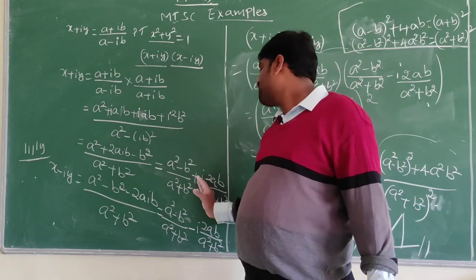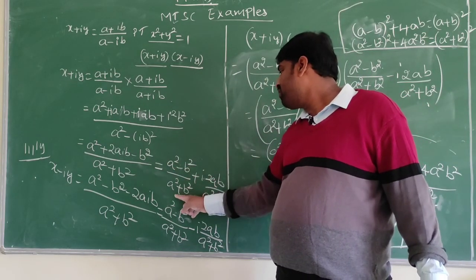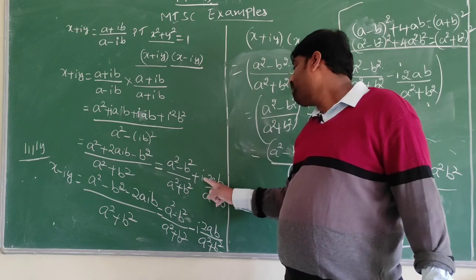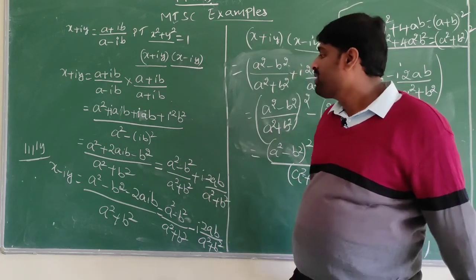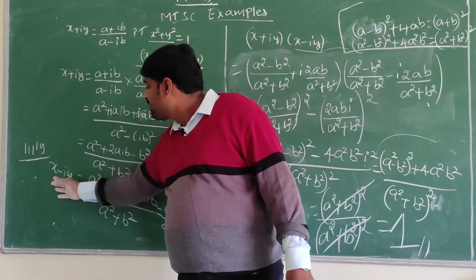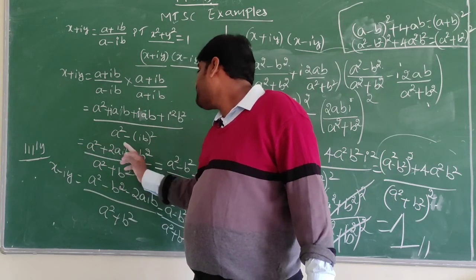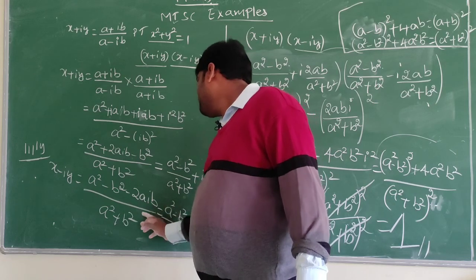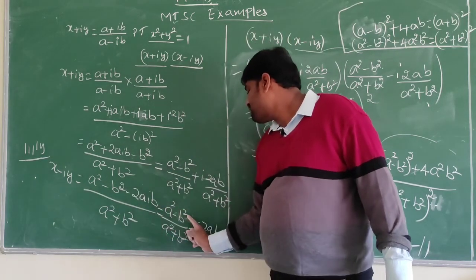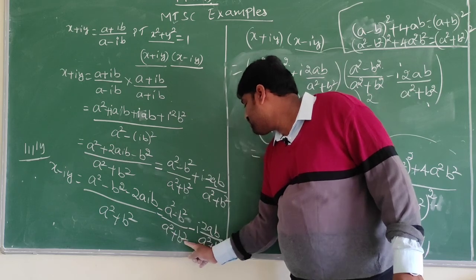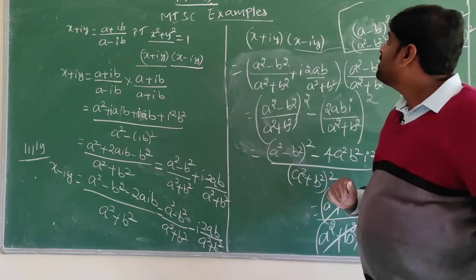And again here, separating the real and complex terms, that is (a square minus b square) divided by (a square plus b square) plus i 2ab divided by (a square plus b square). Similarly we write x minus iy as (a square minus b square) divided by (a square plus b square) minus i 2ab divided by (a square plus b square).